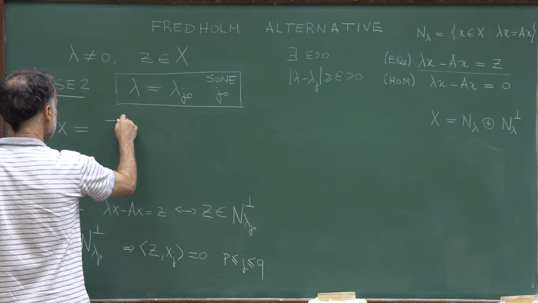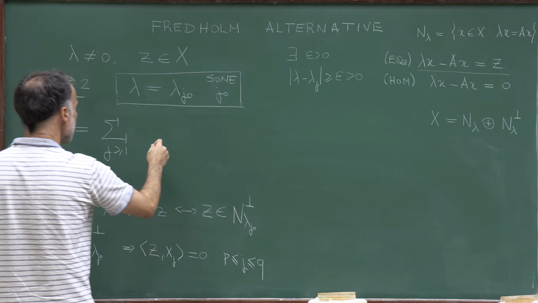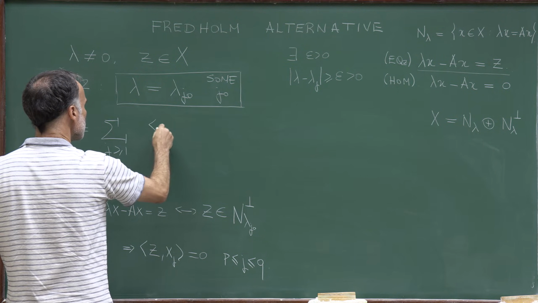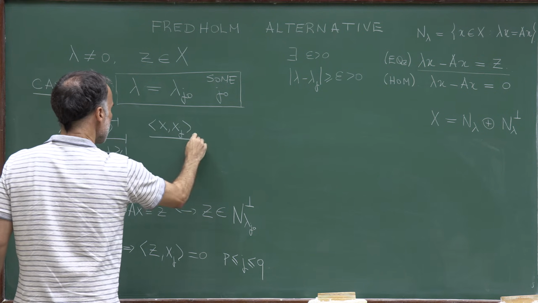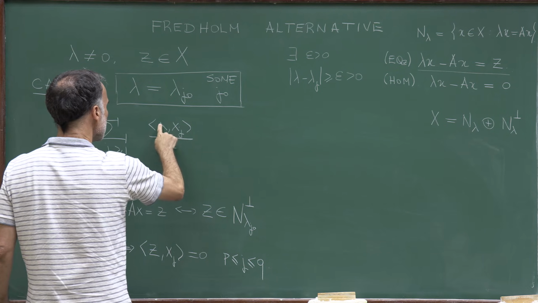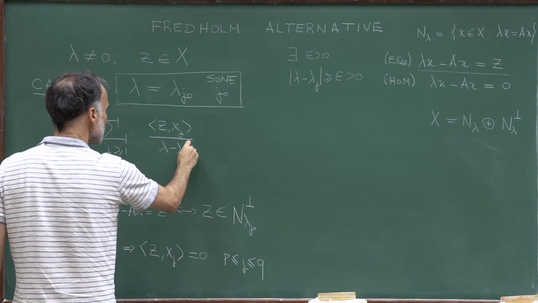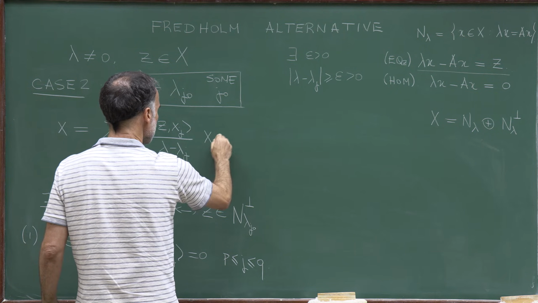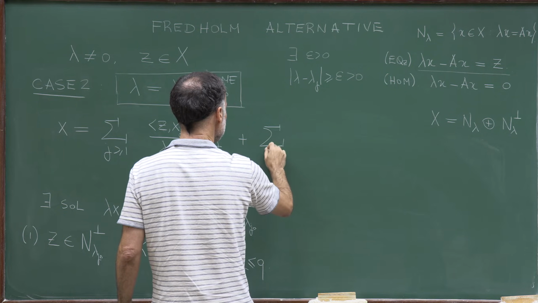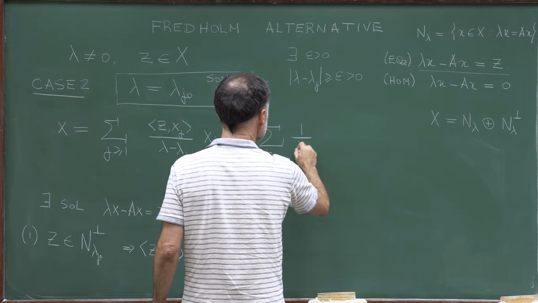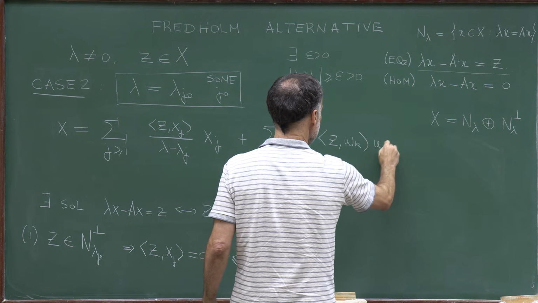It will be the sum over j larger than or equal to 1 of the scalar product of z with x_j, over lambda minus lambda_j, times x_j, plus the sum over k of 1 over lambda times the scalar product of z with w_k, times w_k.